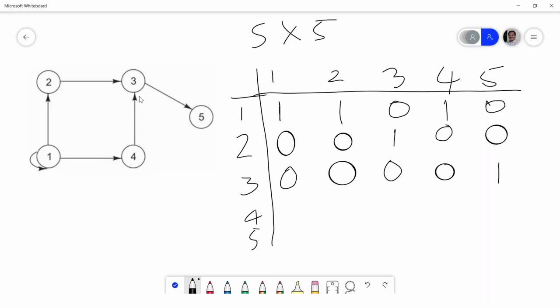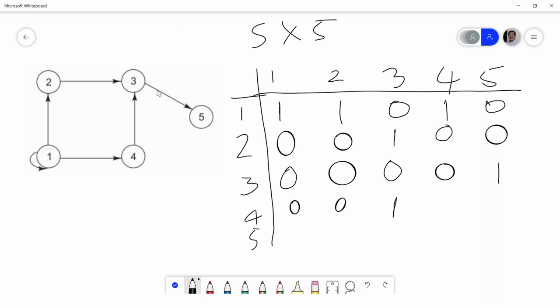Now, 4 to 1, no, you don't have it. 1 to 4 is there, but 4 to 1 is not, so write 0. 4 to 2, no, write 0. 4 to 3, yes, you have it.